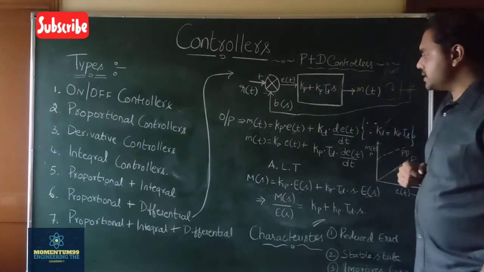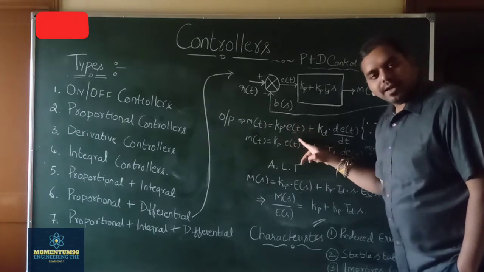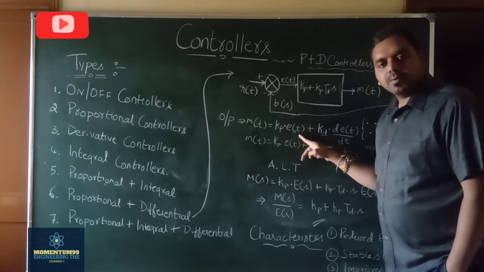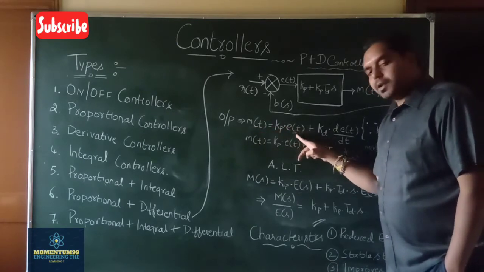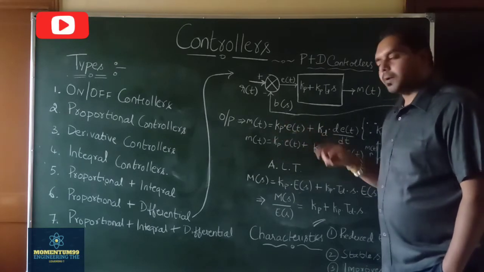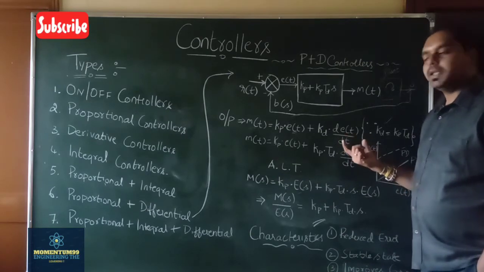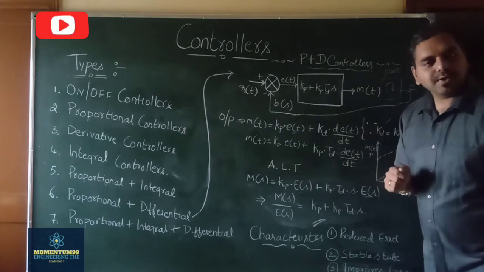So for our first term, we will be writing the relationship between the manipulated output and the error input, given by M of t equals Kp times e of t, where the relationship between the manipulated output and the error input is proportional. There is a proportionality existing between the output and the input now. Now moving on, considering the second term, it expresses the relationship between the output and the input in case of the differential or the derivative controller here.